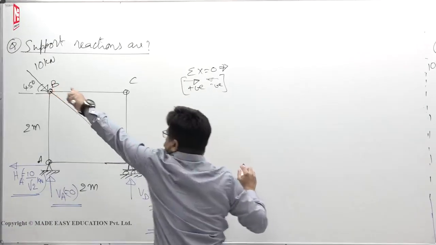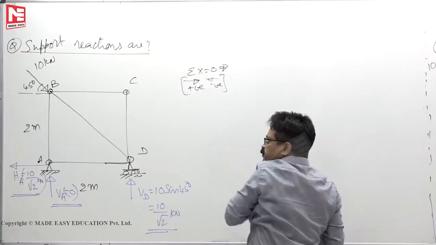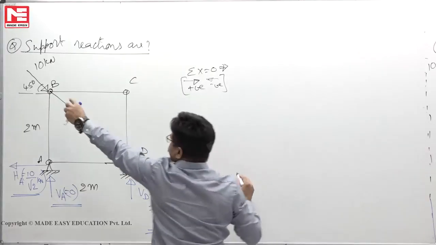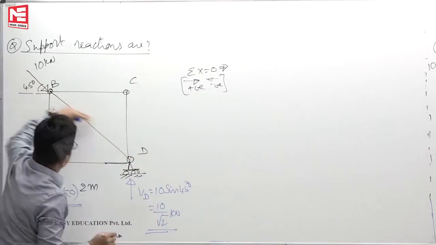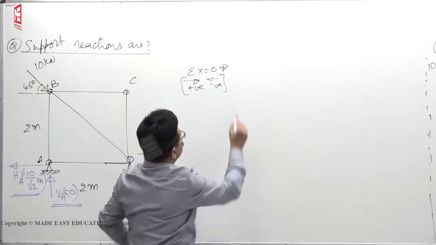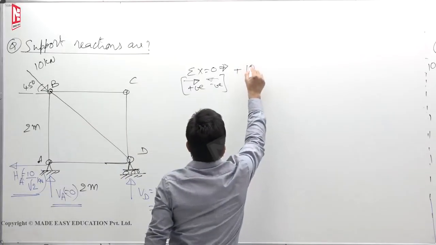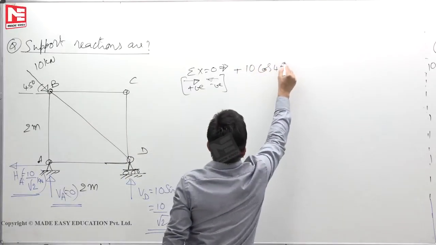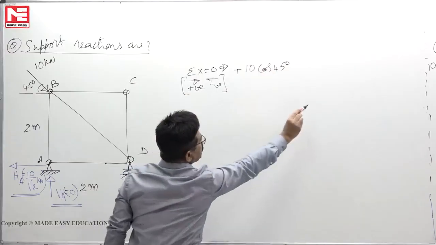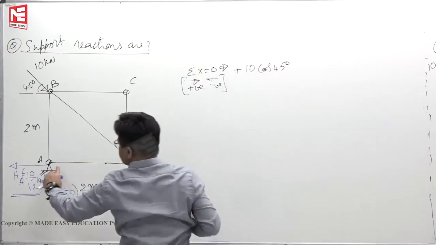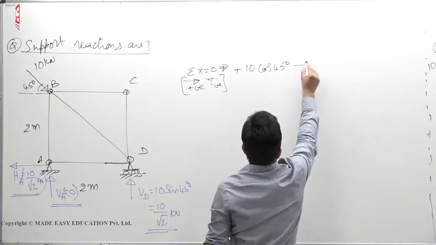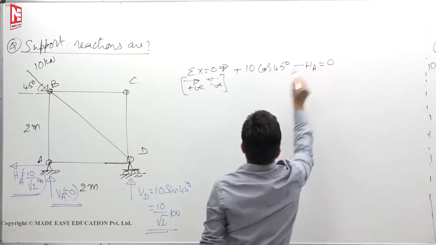10 cos 45 is going like this, that means down to the right. You travel from tail to the head, it is going right side. So plus 10 cos 45, because any force that acts right side is positive. This HA is now acting left side, so minus HA must be 0.